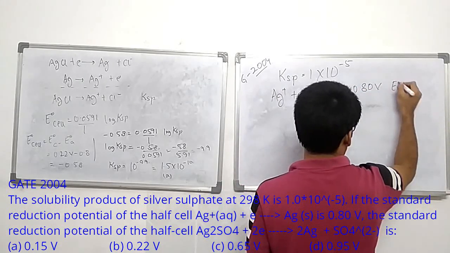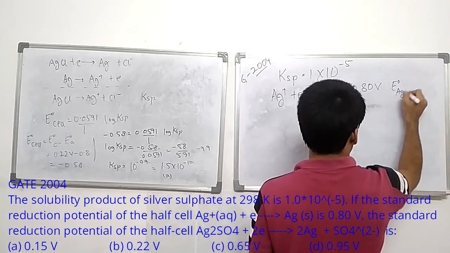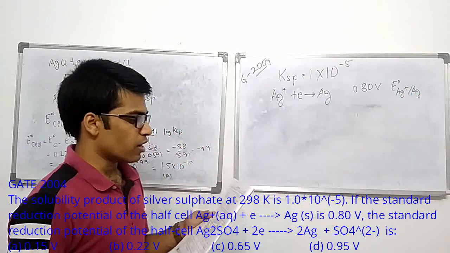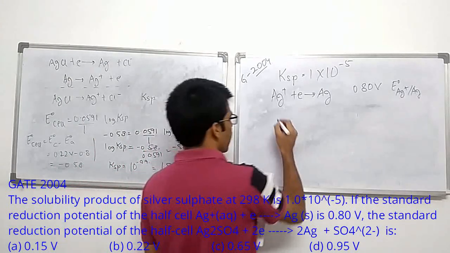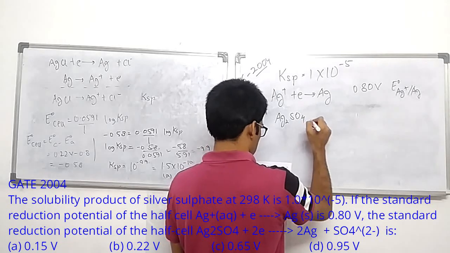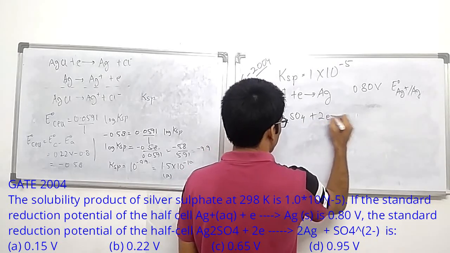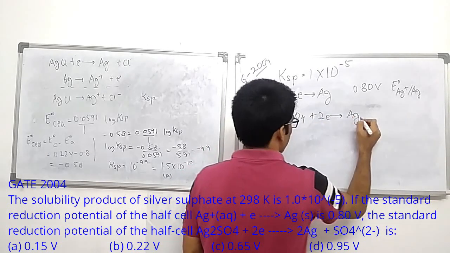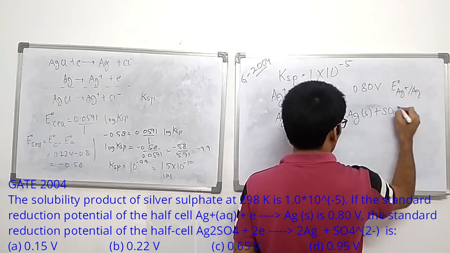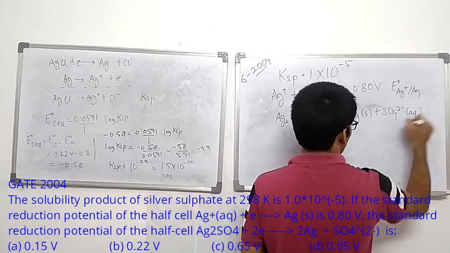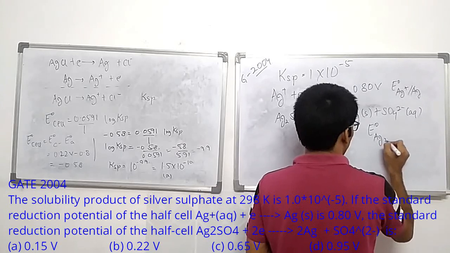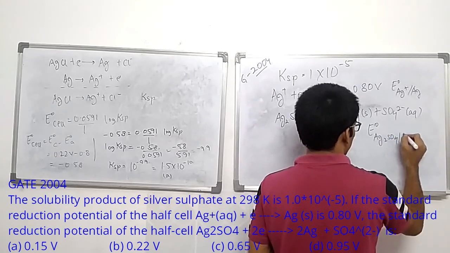Let this be E naught Ag plus Ag. And they have asked the standard reduction potential of another half cell, which is Ag2SO4 plus 2 electrons gives Ag solid plus SO4 2 minus aqueous. Let the E naught be E naught Ag2SO4 Ag.